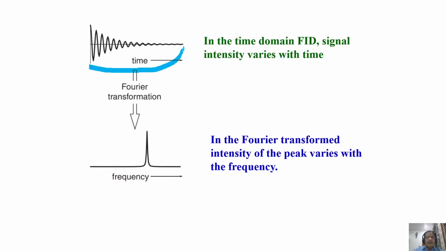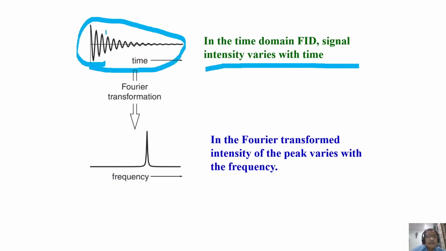This is what NMR is all about. You collect the signal in the time domain like this. What happens in the time domain? The signal intensity varies with time as a function. It is a damped oscillation. Now the Fourier transformation of this gives you peaks with varied intensities. This may have an intensity like this, another may have an intensity like this, another may have a small intensity. It does not matter. Finally, what happens in the time domain is a variation of the intensity of the signal as a function of time.